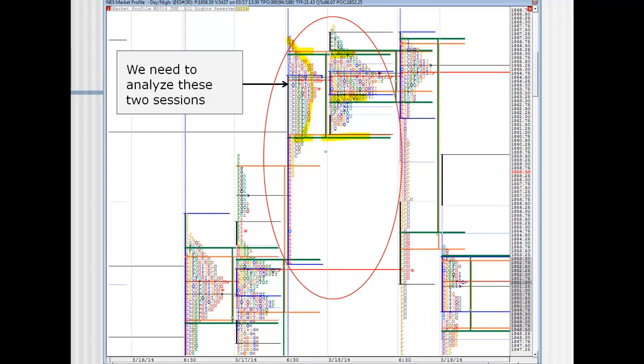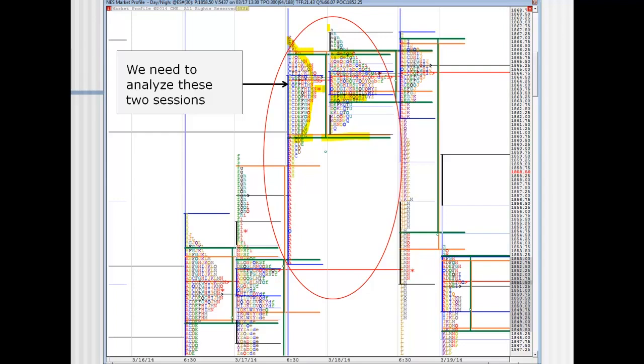We extended the range perhaps a tick or two above, and we certainly did not extend the range anywhere below the value area low of the preceding day session. So generally speaking, what this tells me is that at the end of the evening session or at the beginning of the next day's open, we were pretty much in terms of the value area where we were the day before.